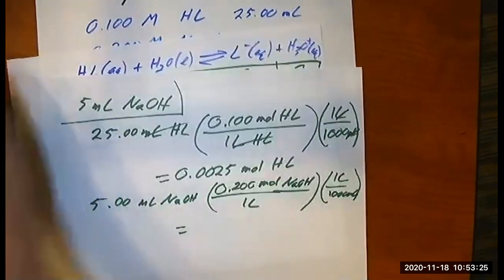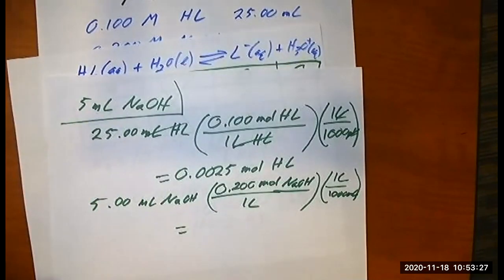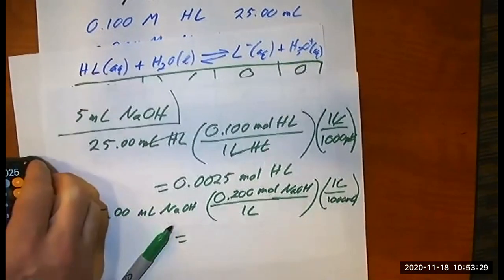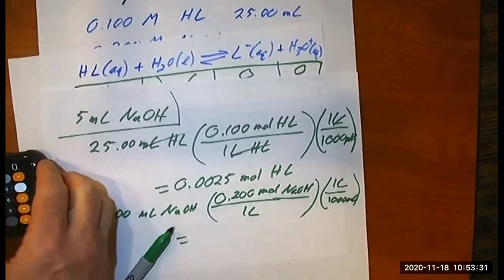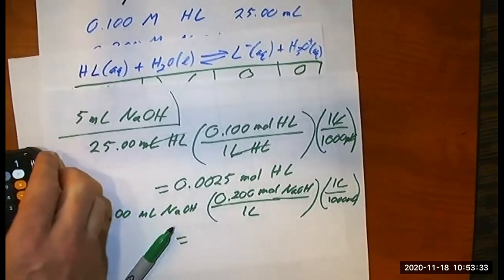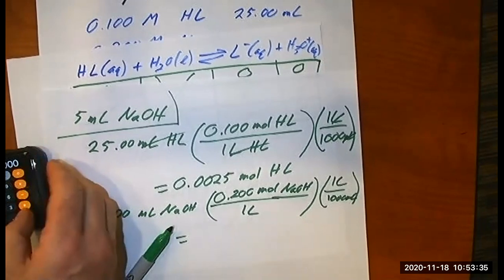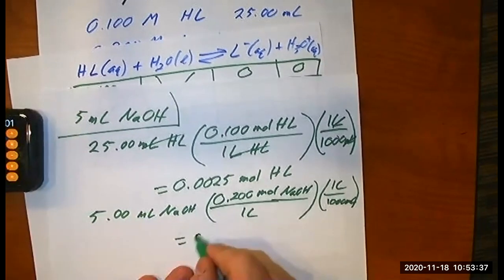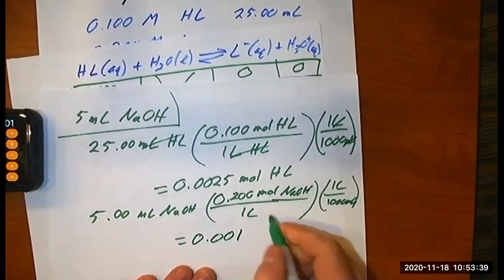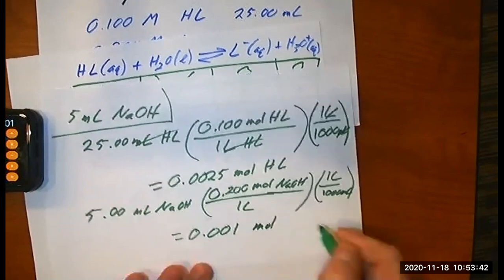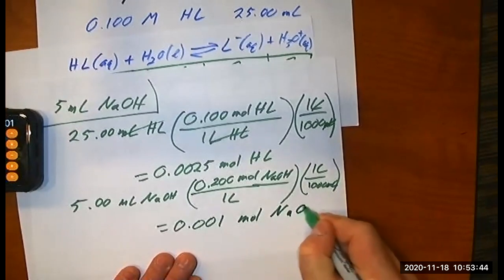And so we get 5 times 0.2 divided by 1,000, 0.001 moles of sodium hydroxide added.